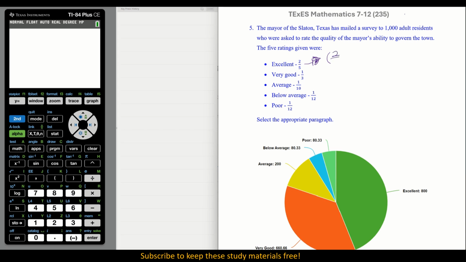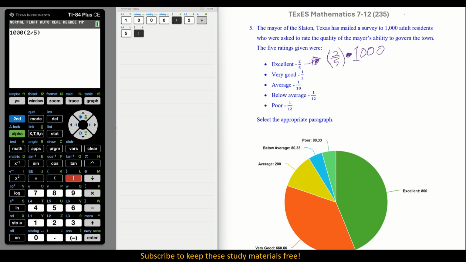So we're going to take this 2/5 times 1,000. So I'm going to say 1,000, parentheses, and then put 2 divided by 5 and close it. 400 people. So I know that 400 people said he was excellent.